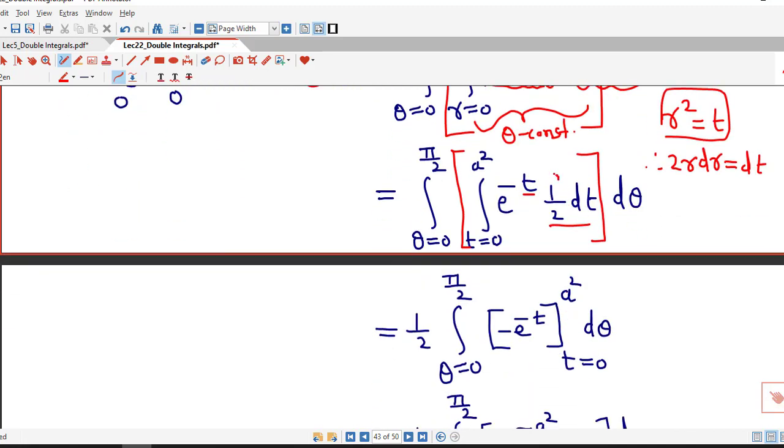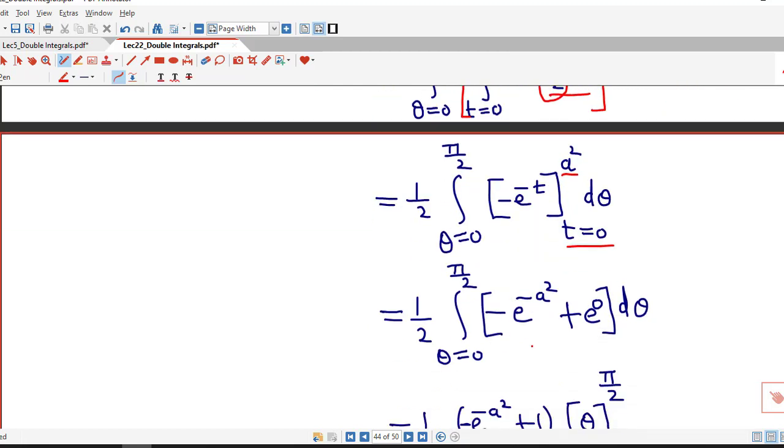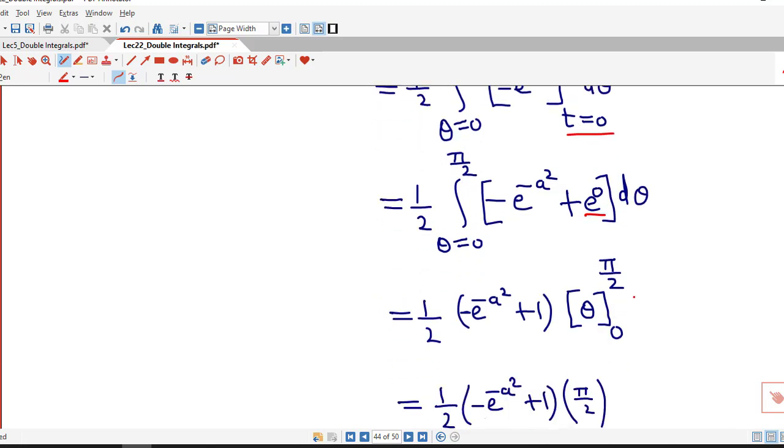Now this 1 by 2 constant can be taken outside, and the integral of e raised to minus t is minus e raised to minus t. Limits of t are from 0 to a square. Now first we put t equal to a square, so we have minus e raised to minus a square, and minus minus plus e raised to 0. e raised to 0 is 1. So this is going to be minus e raised to minus a square plus 1.